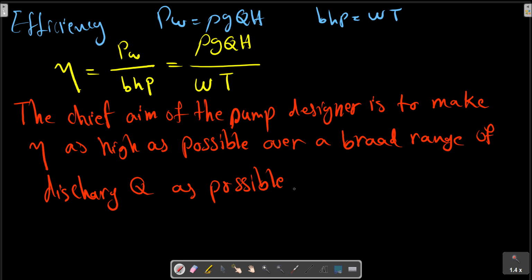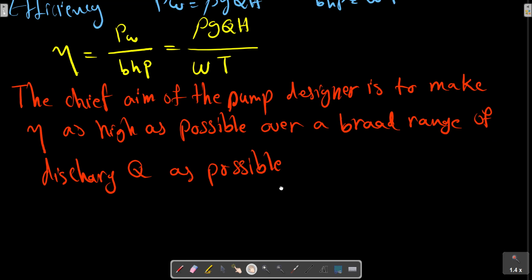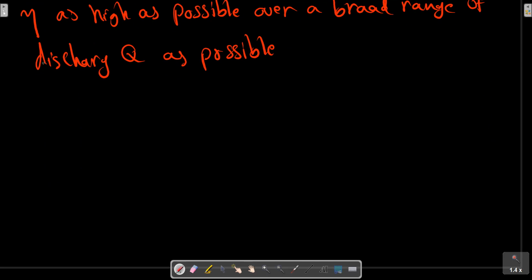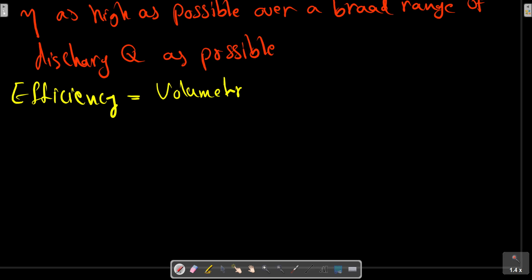The efficiency is basically composed of three parts: volumetric, hydraulic, and mechanical.